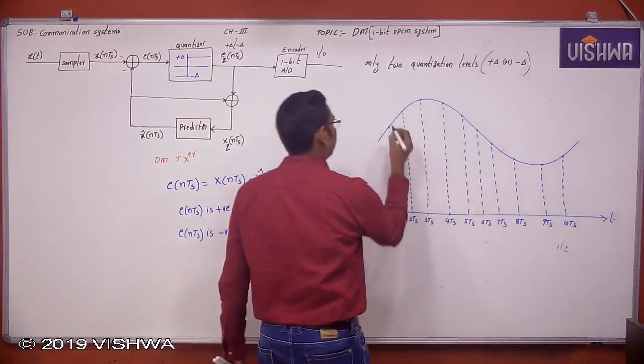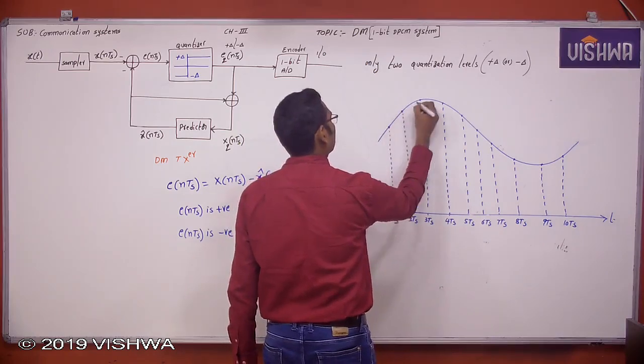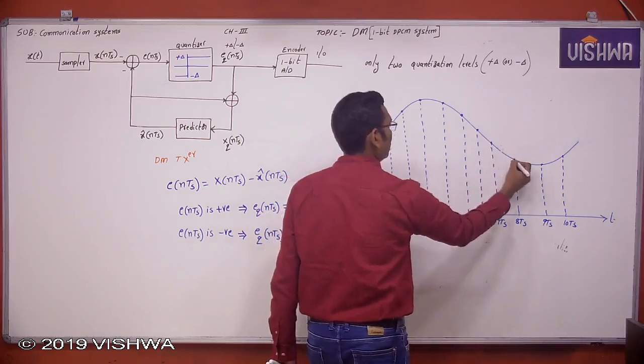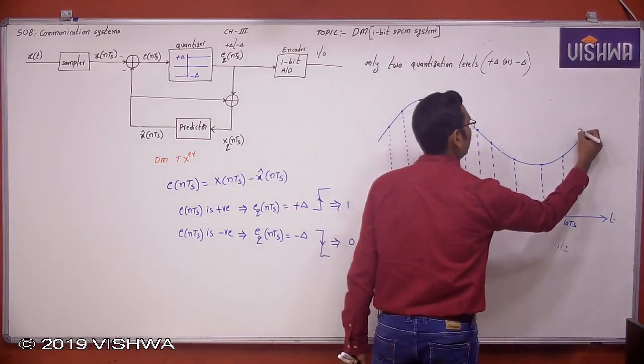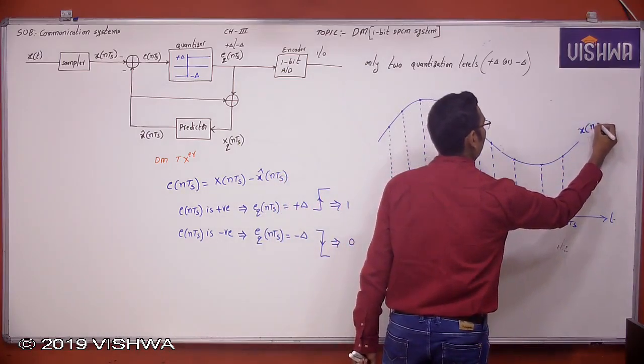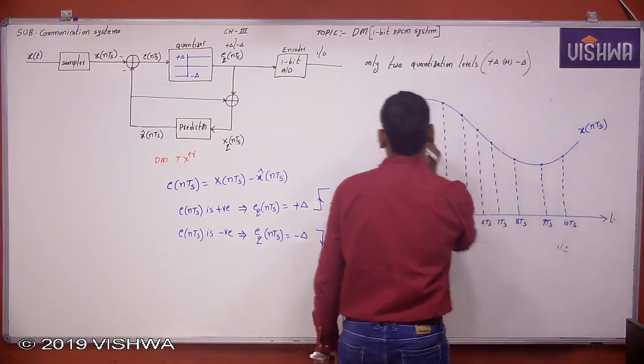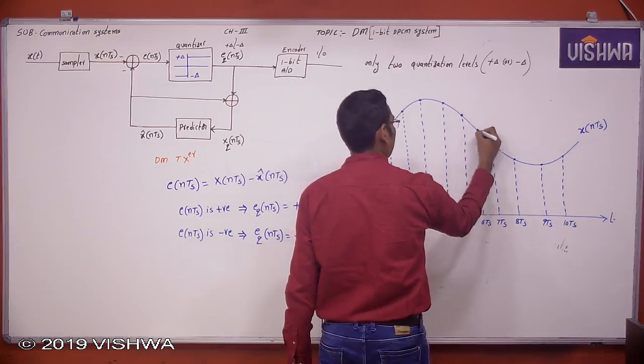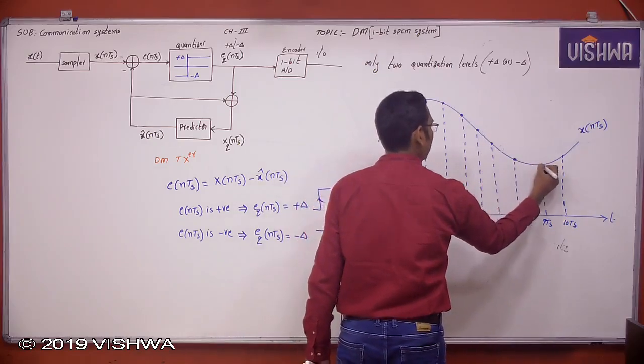Now these are the original signal. Therefore, this is x of nTs, or samples of the original message signal. These are the samples.